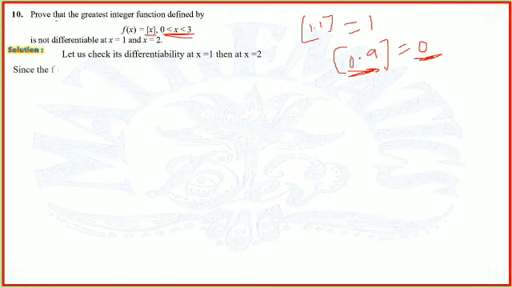Since the function is a greatest integer function, that is f of x equals greatest integer function of x.